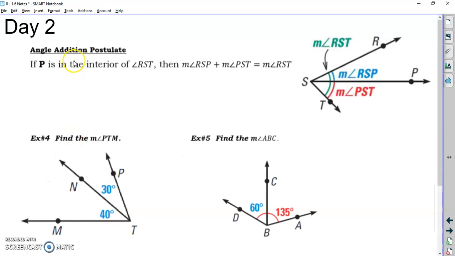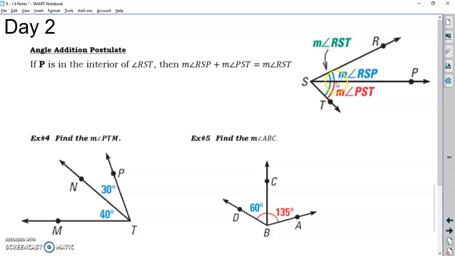Okay. So the angle addition postulate says that if P is in the interior of angle RST, so P is in the middle of angle RST, then the measure of angle RSP right here plus the measure of angle PST right here in the red equals the measure of the whole angle RST.